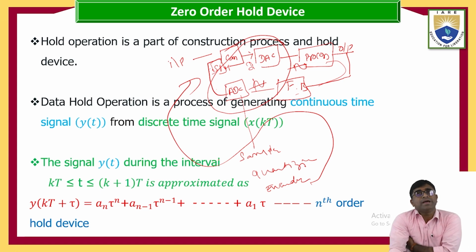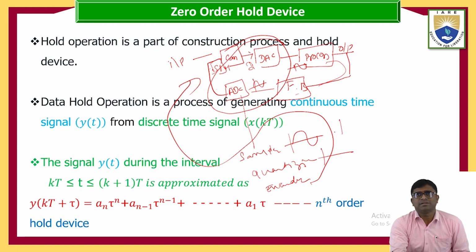In the sampler to quantizer part, if you take your sinusoidal signal, it is converted into samples, like this, the positive peak, for the positive half cycle. This sampled signal we are going to quantize. Quantizing means we have to maintain the voltage levels.